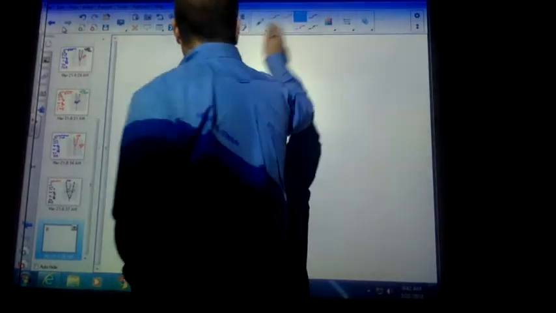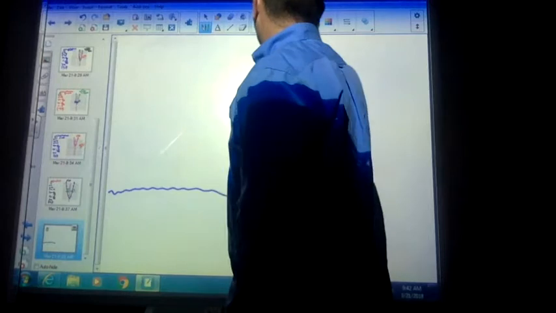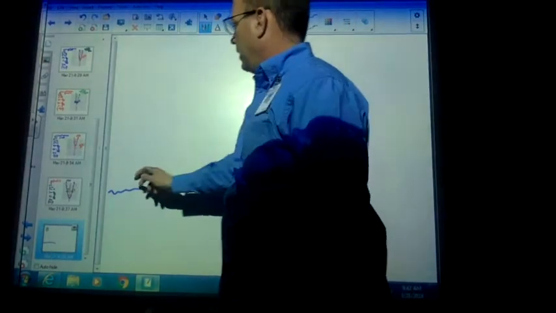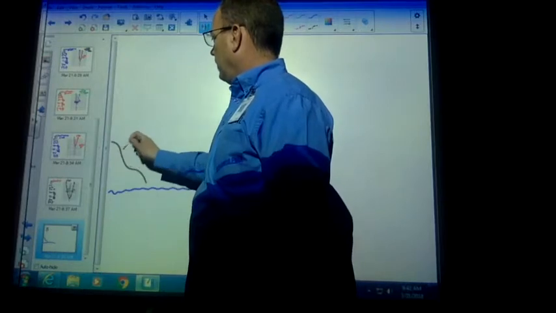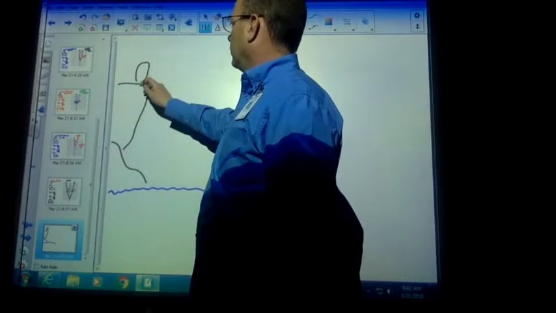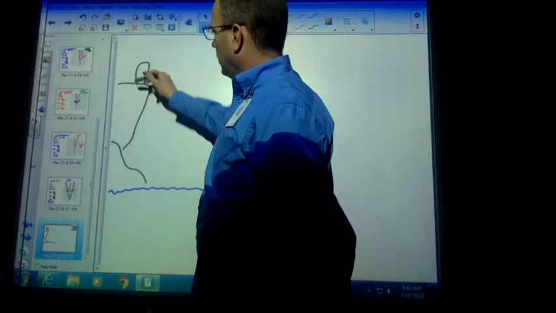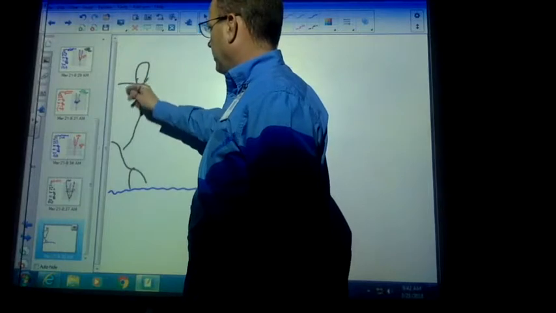But there was a lake in Arizona called Apache Lake. Let's say this is the water line. Then off to the side, coming out of the water, you had these cliffs, and on this cliff there's a rock at the top. People would jump off this cliff into the water.